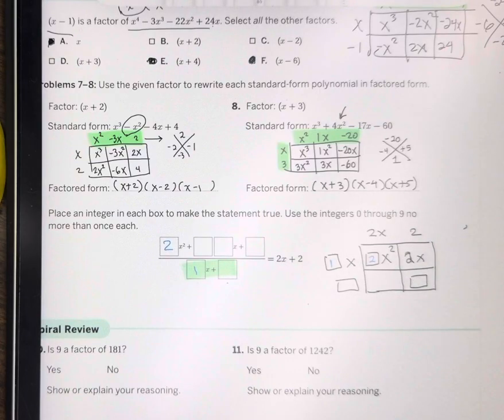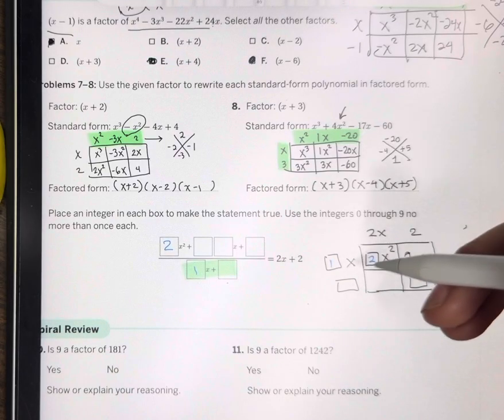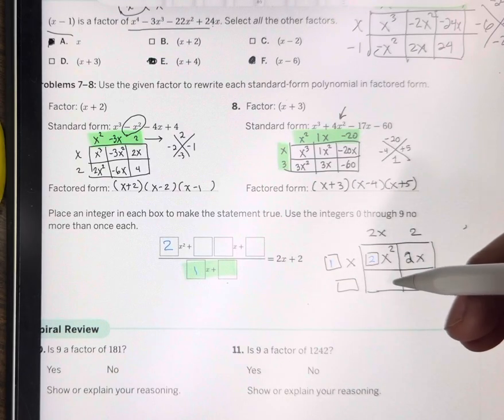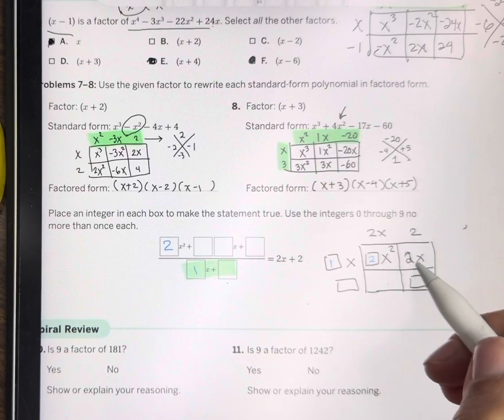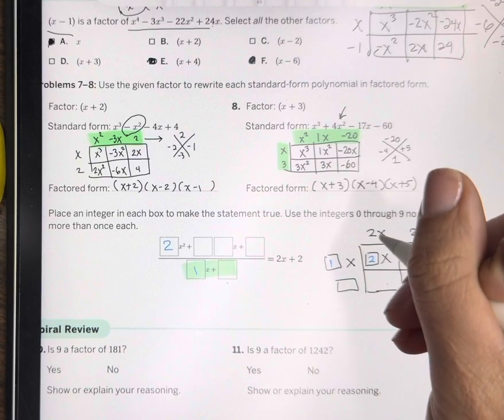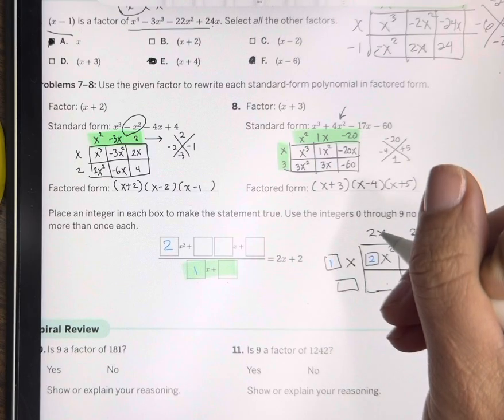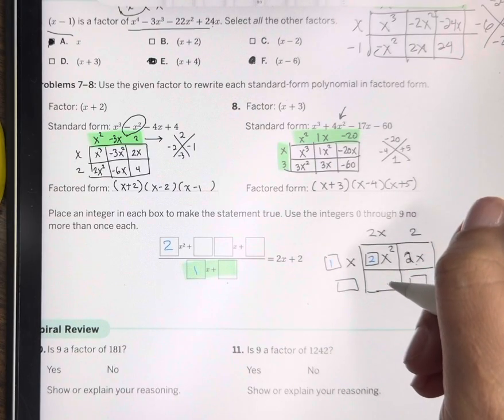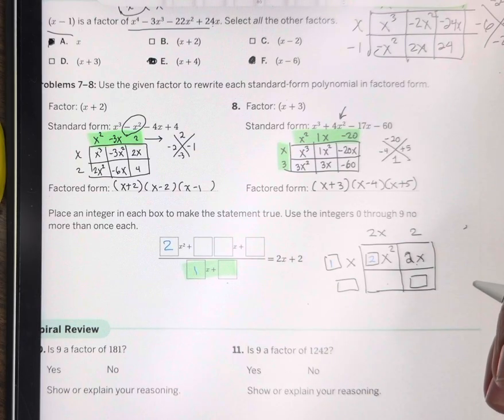Okay. And then 2x times whatever this is needs to give me this. And the key is when I add this to this, I should get this number, and it needs to be a 2-digit number. And then I cannot use a 1 or a 2 because I've already used 1 and 2. So what I'm thinking is to throw a number big enough here that when multiplied by 2x gives me a 2-digit number. So I'm thinking like 5 or 6.